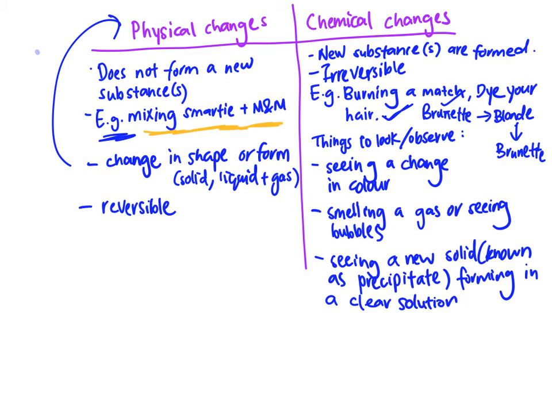A precipitate means a solid that you can physically see forming in a clear solution, in a chemical solution of some sort. It is a very strong indication something different has been formed.